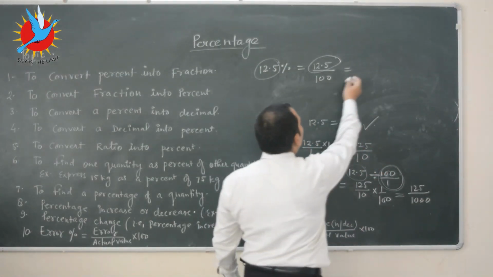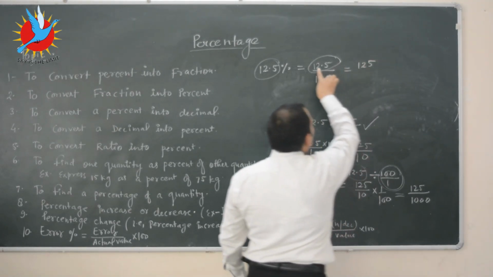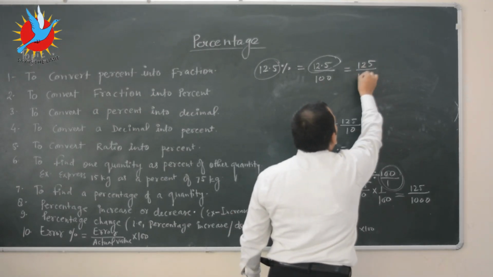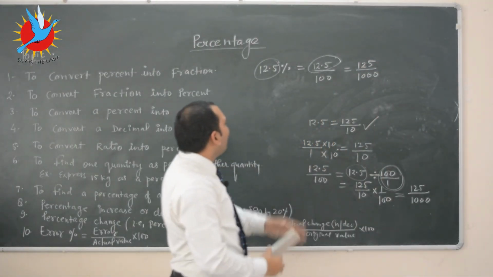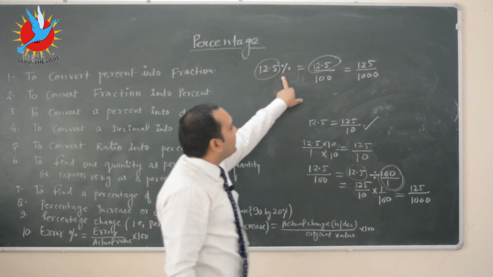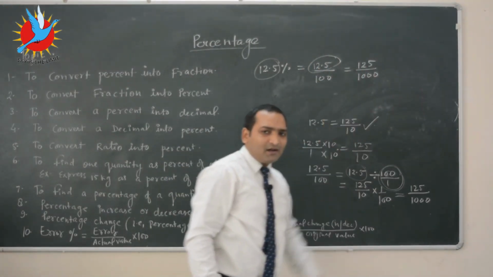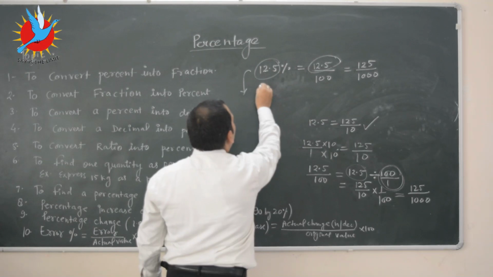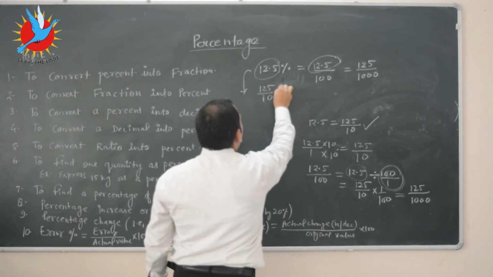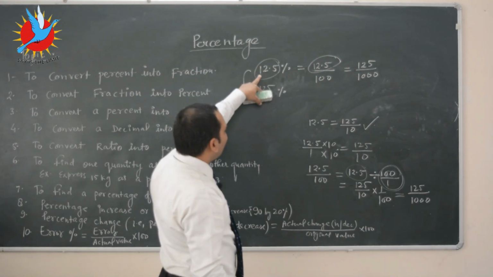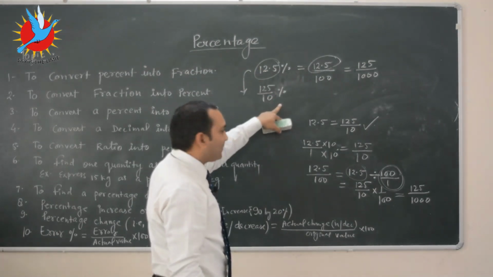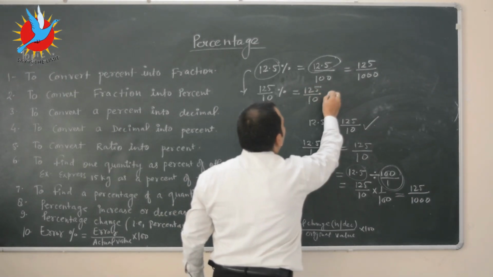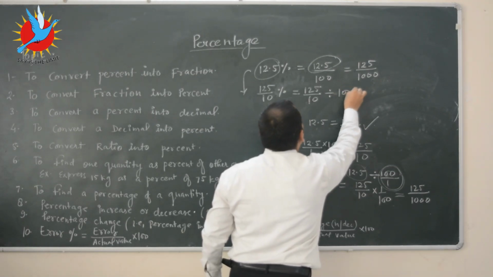So ultimately we get 125 in the numerator, and 10 into 100 is 1000. So 12.5% means 125 upon 1000. Or you can also convert from 125 upon 10%, which is equal to 125 upon 10 divided by 100, because percent is there.